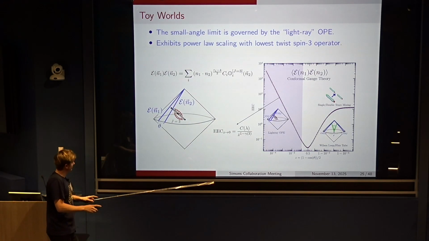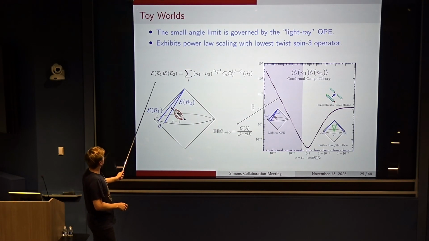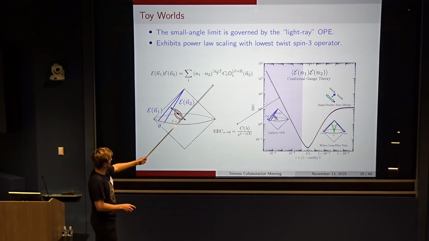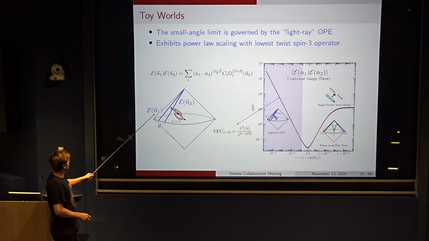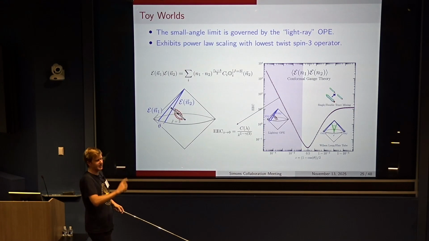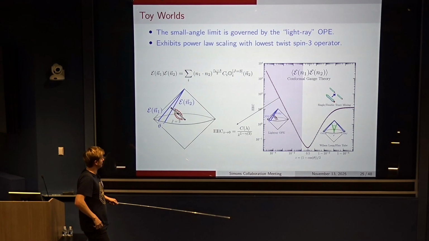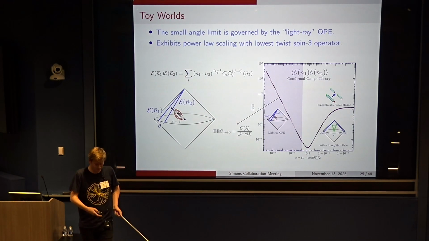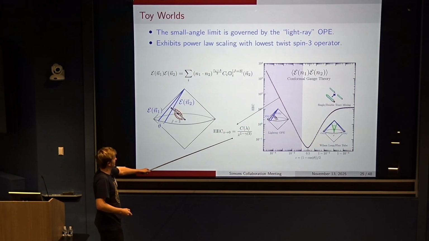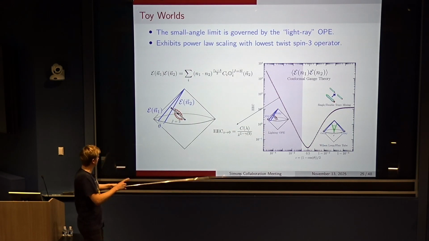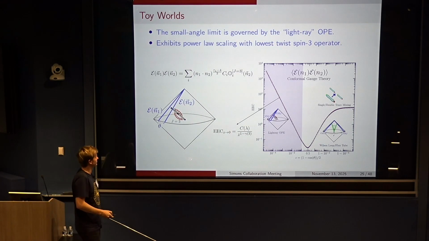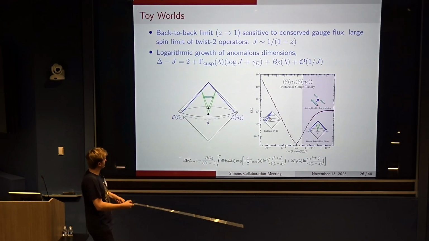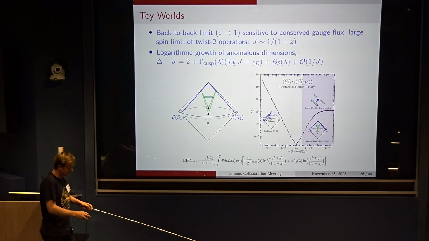The way of thinking about this is that the operator product expansion gives some leading detector operator, and I'm essentially isolating that particular state, this twist 2 spin 3 operator, which dominates my measurement and leads to this very nice power law behavior shown here. At weak coupling, this anomalous dimension is very small, and so this behaves almost like a single particle state.